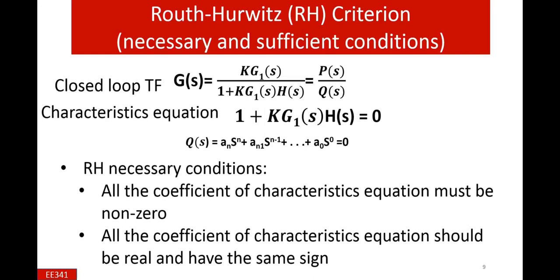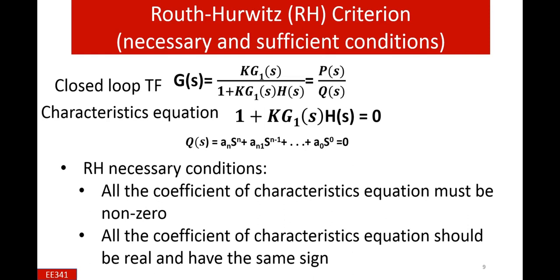So the conditions are simply: if all the coefficients of the Q(s) polynomial are present, then we have to apply the RH criteria. If any coefficient is missing, then the system is already unstable.